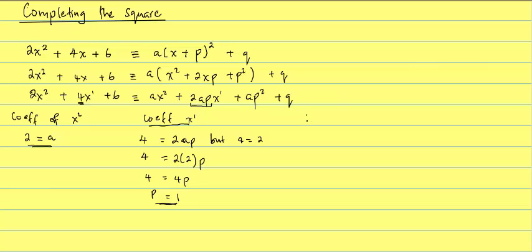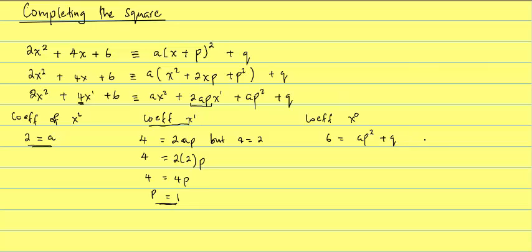Taking the coefficient of x to the power of 0, in other words, I'm looking for the constant terms. On the left hand side, the constant term is going to be equal to 6. On the right hand side, the constant term is going to be made up of these two terms here, ap squared plus q.